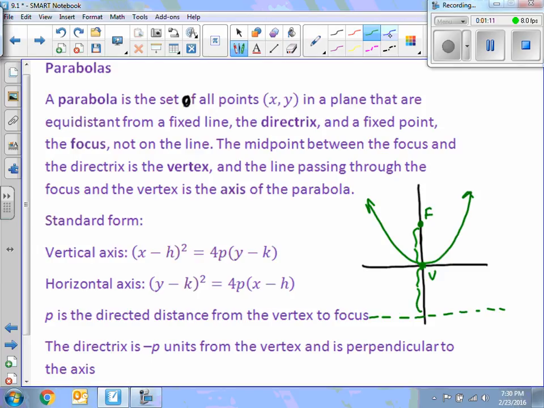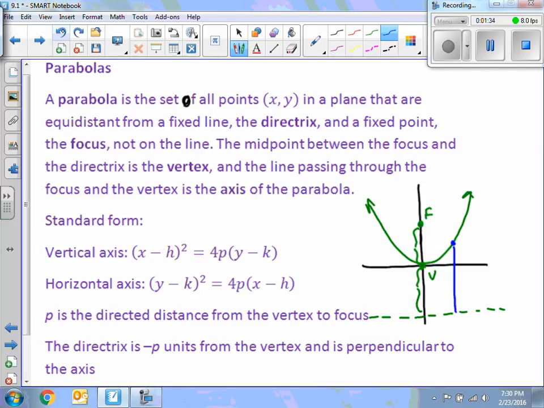What is special about a parabola is that no matter where you choose on your parabola, it is going to be equidistant away from your directrix and your focus. I know my drawing isn't very accurate here. It will always be like that.